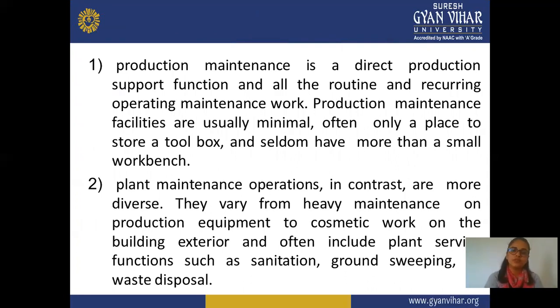Production maintenance facilities are usually minimal, often limited to a store, toolbox, and seldom a small workbench. Plant maintenance operations, in contrast, are more diverse. They vary from heavy maintenance on production equipment to cosmetic work on the building interior, and often include plant service functional areas such as sanitization, roof sweeping, and waste disposal.